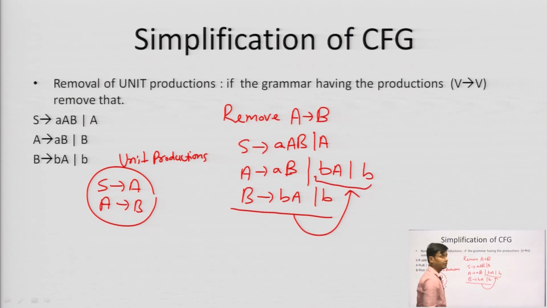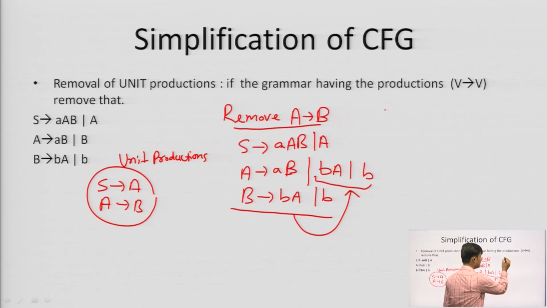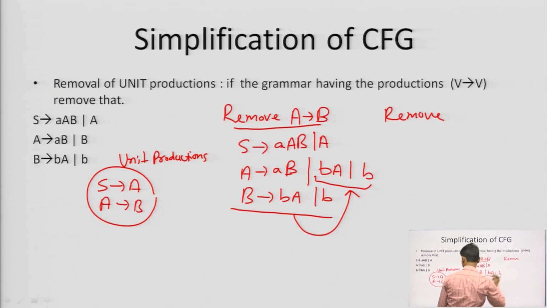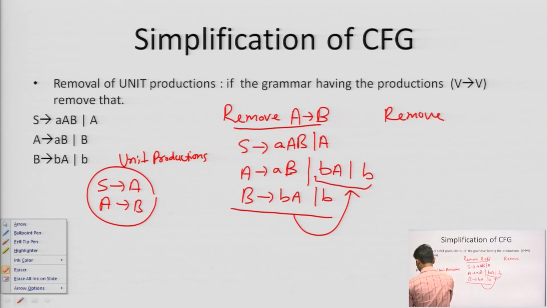Now, we remove the unit production of A to B. So, next step we can remove S to A. Here we have to remove A to B, then after that remove S to A. So, how to remove this one?